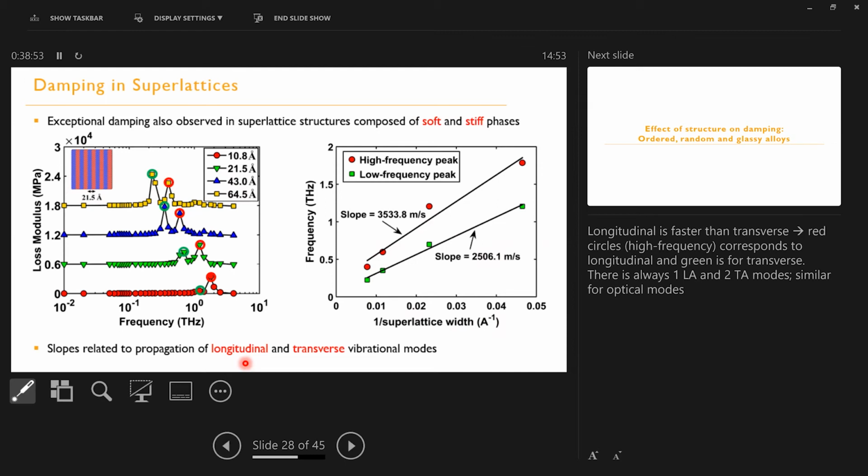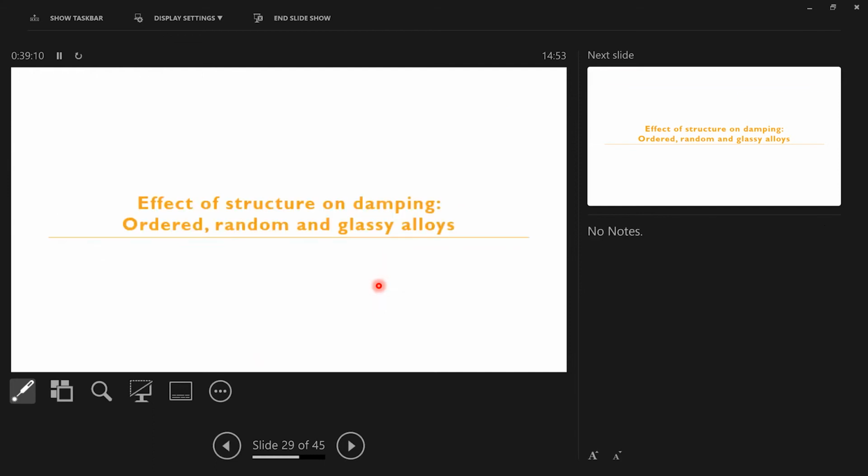Okay, we all know that the sound waves have longitudinal and transverse modes, and these sound waves directly correspond to these slopes. Okay, so we were very happy with this result. So we wanted to extend it further to see the effect of ordering in our system. But before I go there, any questions or clarification?